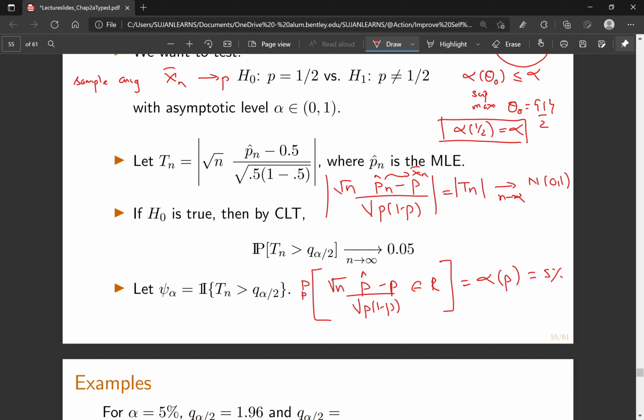Then under the null hypothesis, we can say that, but we can only consider this under the null hypothesis. And under the null hypothesis, the value of p is always in fair or not. And what is fair or not here? Fair or not is a singleton where p is 1/2.